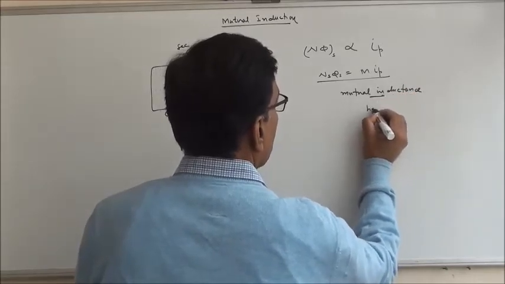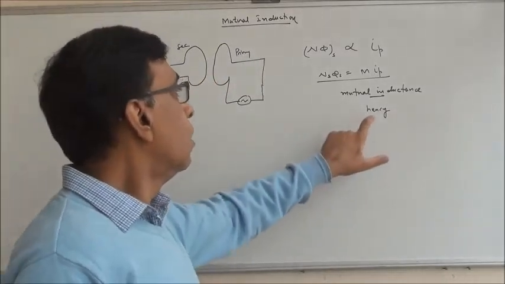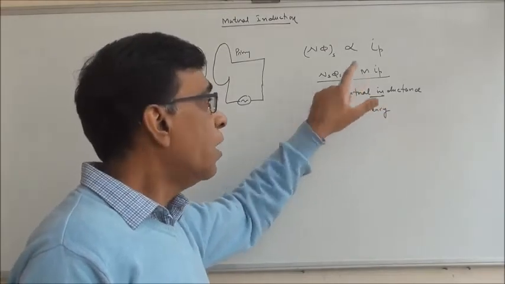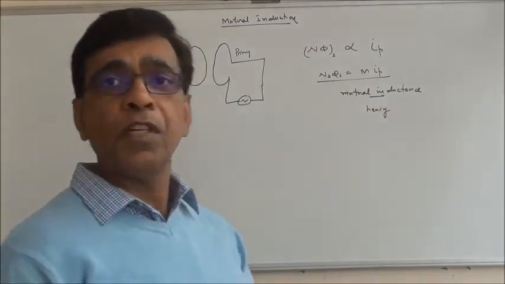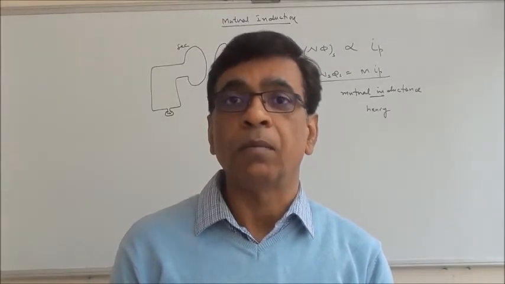It is measured in Henry, named after a scientist, the SI unit of measurement of this. And like the coefficient of self-inductance we discussed, it depends on the geometry and the medium.